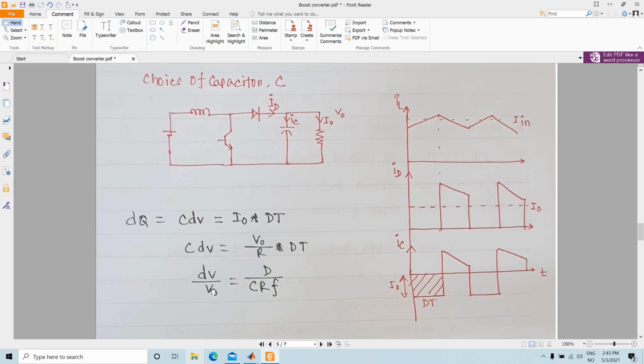So dV by V naught equals D divided by CRF. You are replacing your t with the frequency f here. Okay. So depending on your design need, normally when you are asked to design a circuit, you are also asked to design it for a certain ripple factor.